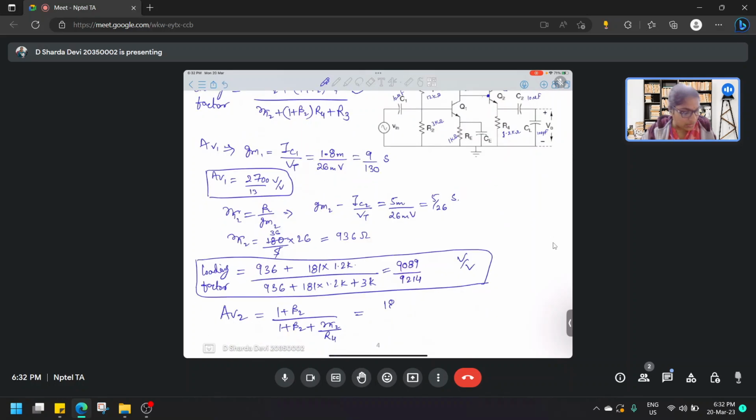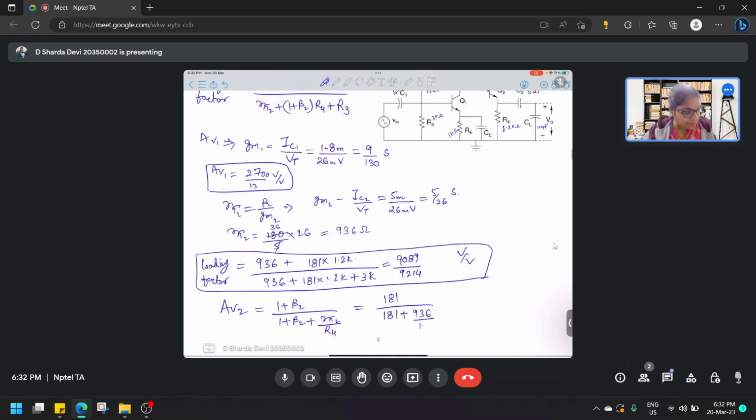So it's 181 by 181 plus 936 upon R4, which is 1.2k. So AV2 turns out to be 9050 by 9089. Okay. This is again volt by volt.